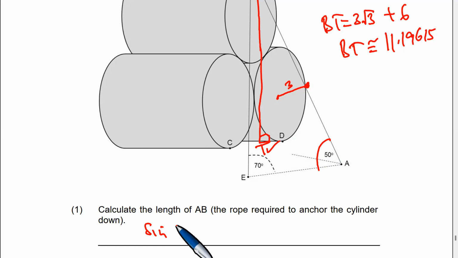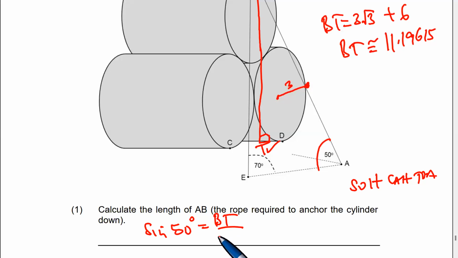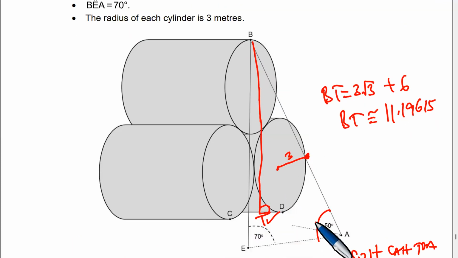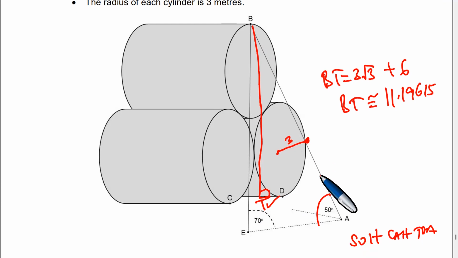So the sine of 50 degrees, in view of SOHCAHTOA, is the opposite side of 50, which we called BT, divided by the hypotenuse, which is AB.